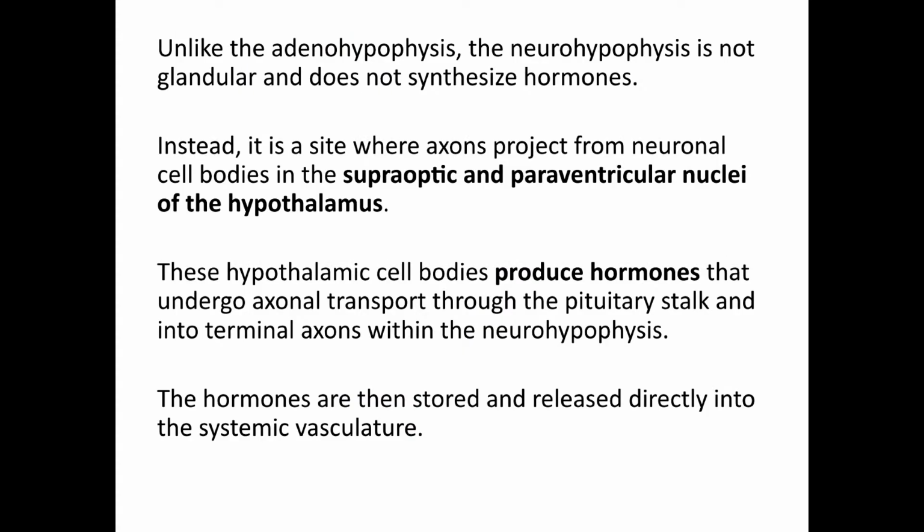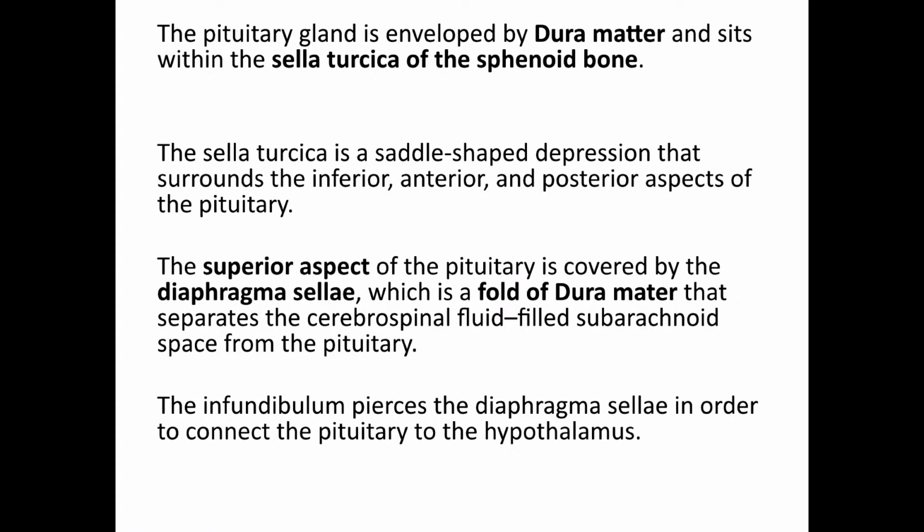Another important thing to know is that the pituitary gland is enveloped by dura mater, and its exact location is called the sella turcica of the sphenoid bone. Turcica in Latin means Turkey, so you can remember it sits in the Turkey.